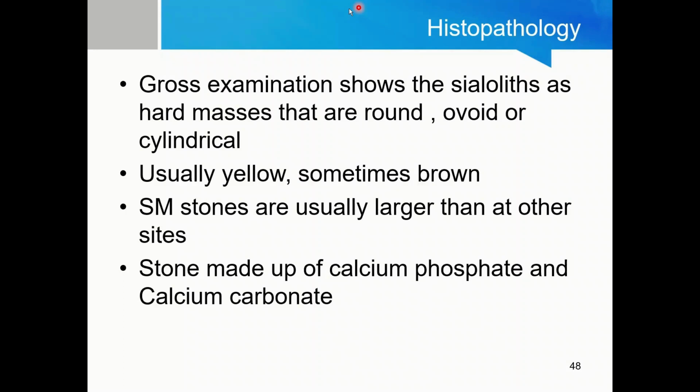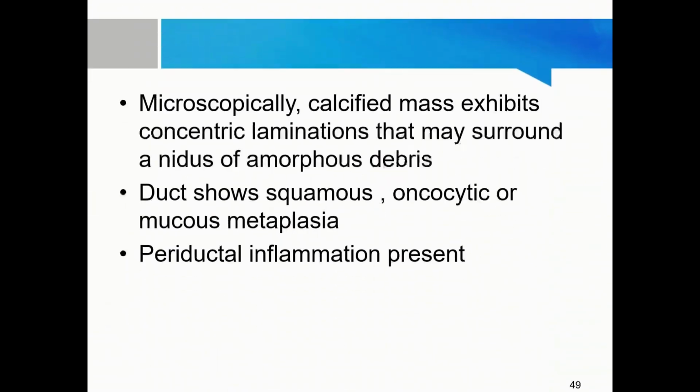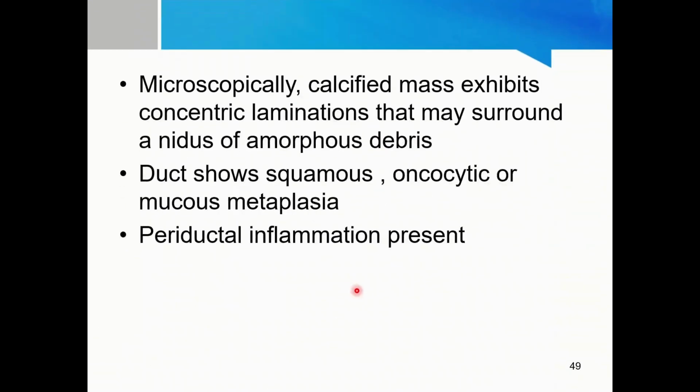And biochemical examination of the stones has shown that they are made up of calcium phosphate and calcium carbonate. And microscopically, if you cut the stone, you can see a calcified mass having concentric laminations around a central nidus.